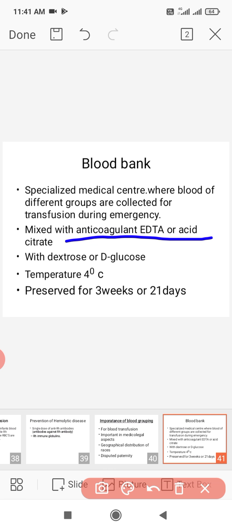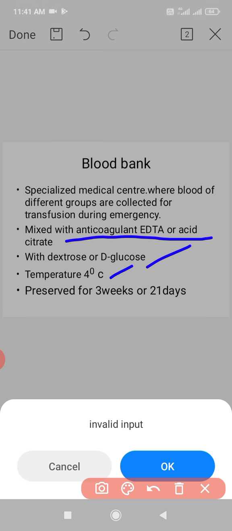An anticoagulant prevents blood clotting, or with dextrose or D-glucose. The temperature is maintained at 4 degrees Celsius, and the blood is preserved for 3 weeks or 21 days.